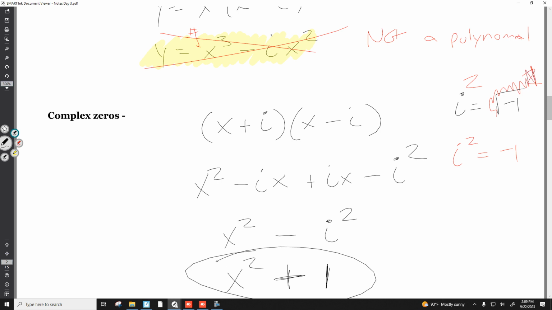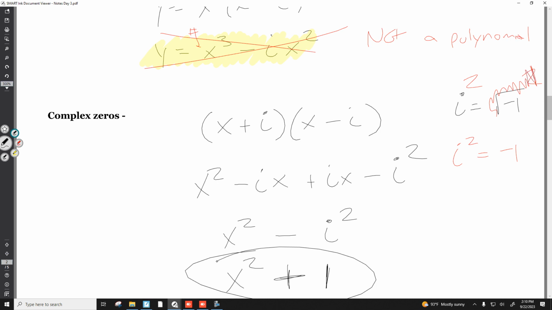Hooray. When you have a pair, what we call a conjugate pair, a plus a root and a minus a root, the whole plus or minus, you put those in like the factors, like x plus the complex root, x minus the complex root. You multiply those pairs together, the i's will go away.